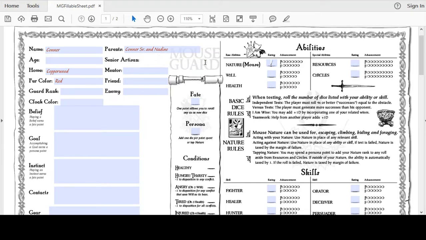Next, you have to come up with a senior artisan. When a mouse is selected for the Mouseguard, he is given to a senior artisan for two seasons, or at least two seasons, to learn a skill or a trade.